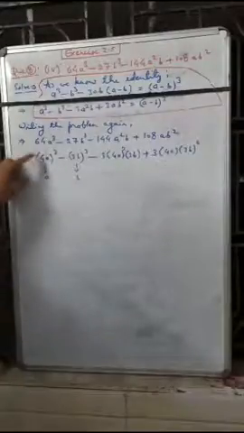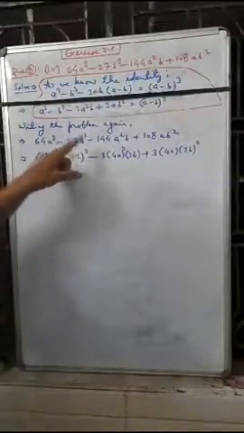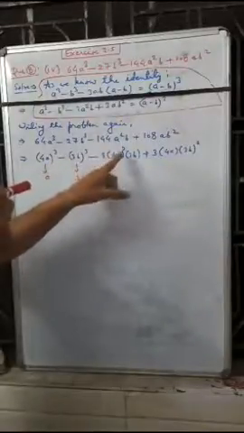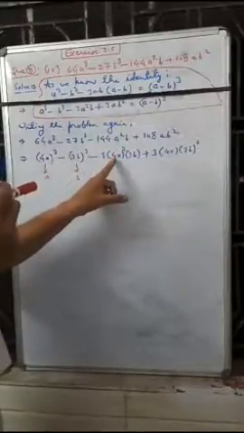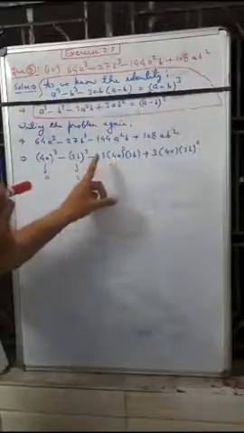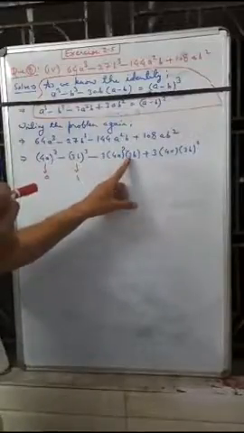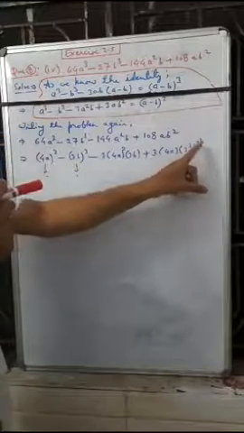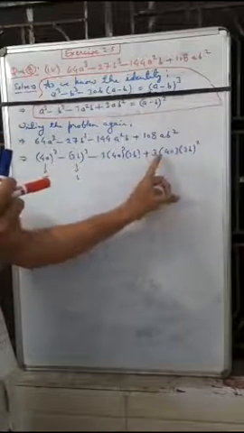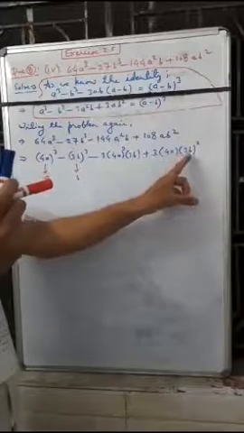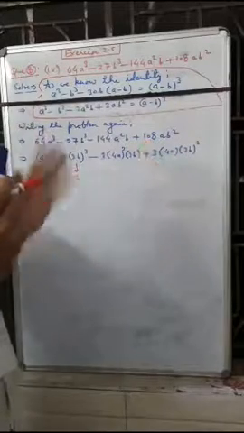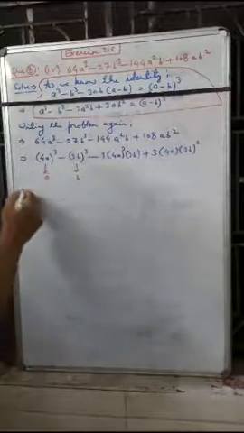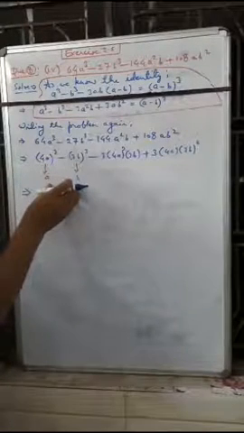So 4 cube is 64a cube, 3b cube is 27b cube, 3 times 4 is 12, and 4 to the power 2 is 16, 16 times 3 is 48, 48 times 3 is 144, so you get 144a square b. And here 3 times 3 is 9, and 3 times 4 is 12, 12 times 9 is 108, you will get here. So we can write the expression in the form of (a minus b) whole cube. What is the solution?